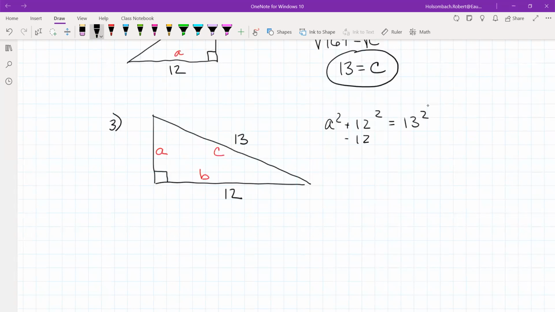So I'm going to subtract 12 squared from each side. And A squared is equal to 25. And the square root of each side will give us an A that's equal to 5.